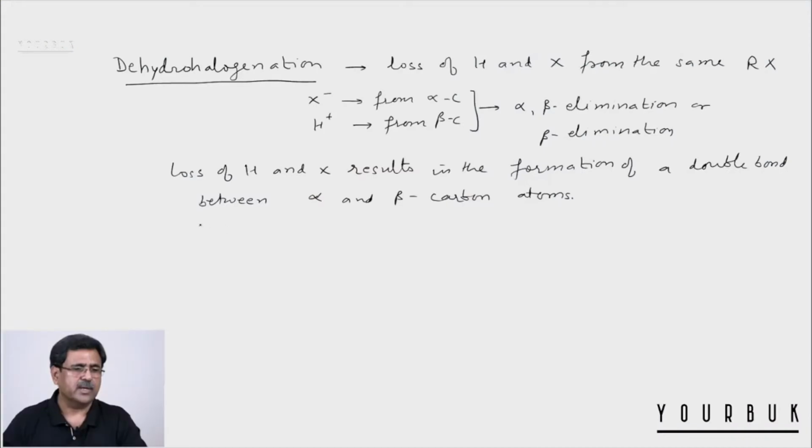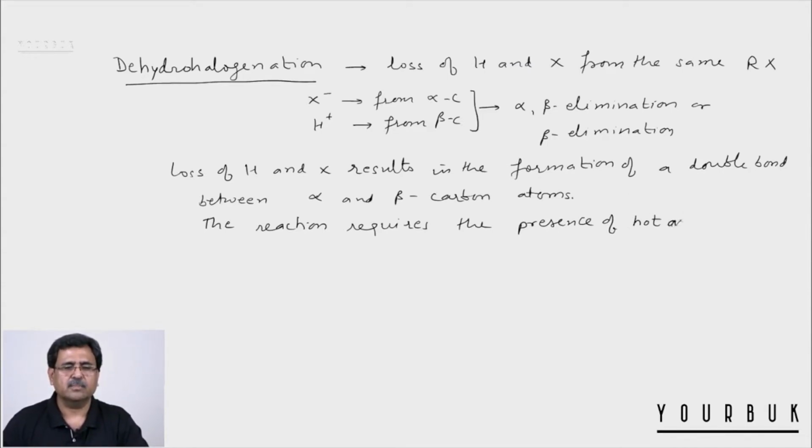Now this reaction involves the elimination of H plus ion from alkyl halide. To eliminate this H plus ion, we use very strongly basic conditions. So the reaction requires the presence of a strong base, so we use hot and alcoholic KOH.